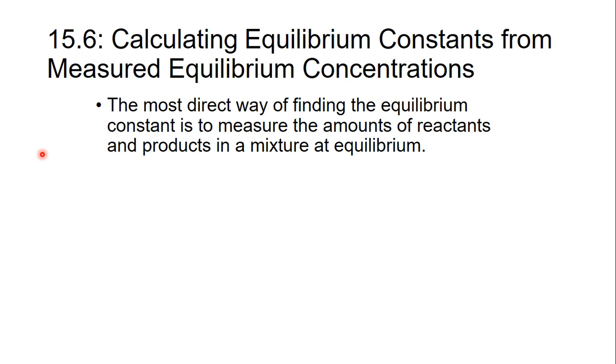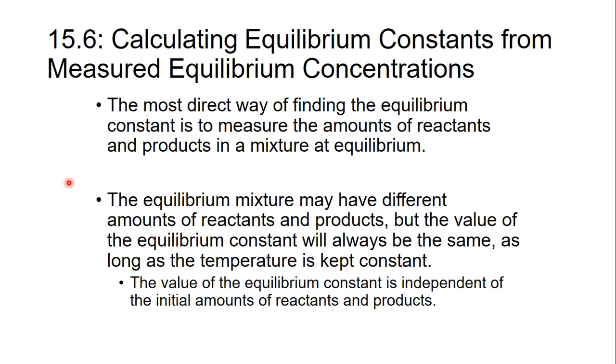Now let's look at how we actually use the equilibrium constant and how we can measure it. The easiest way to find an equilibrium constant is just to measure the concentrations of your reactants and your products at equilibrium.